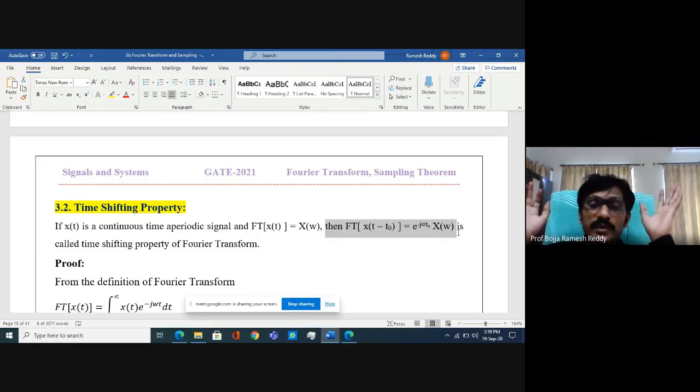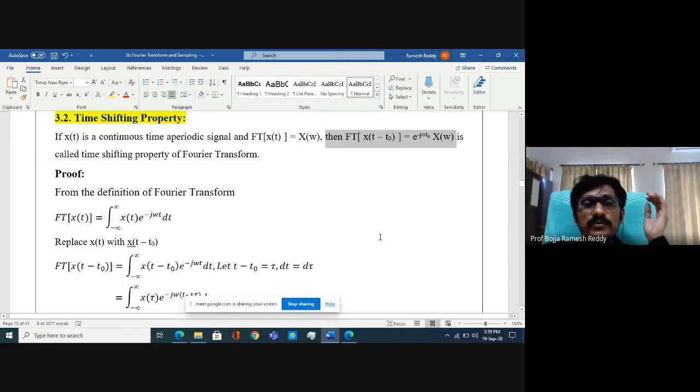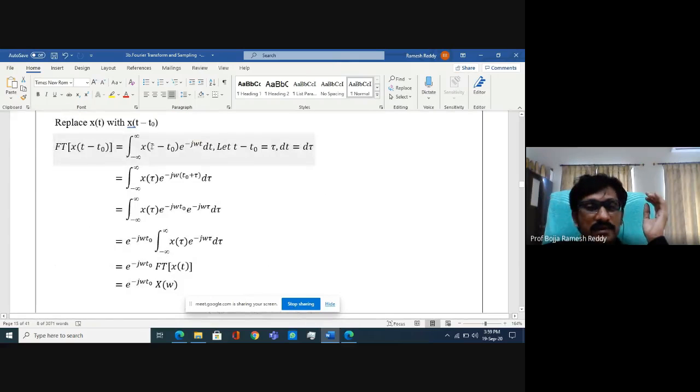That is the basic time shifting property of the Fourier transform. Now apply this property to solve problems. Derivation is not required; this is just for reference.